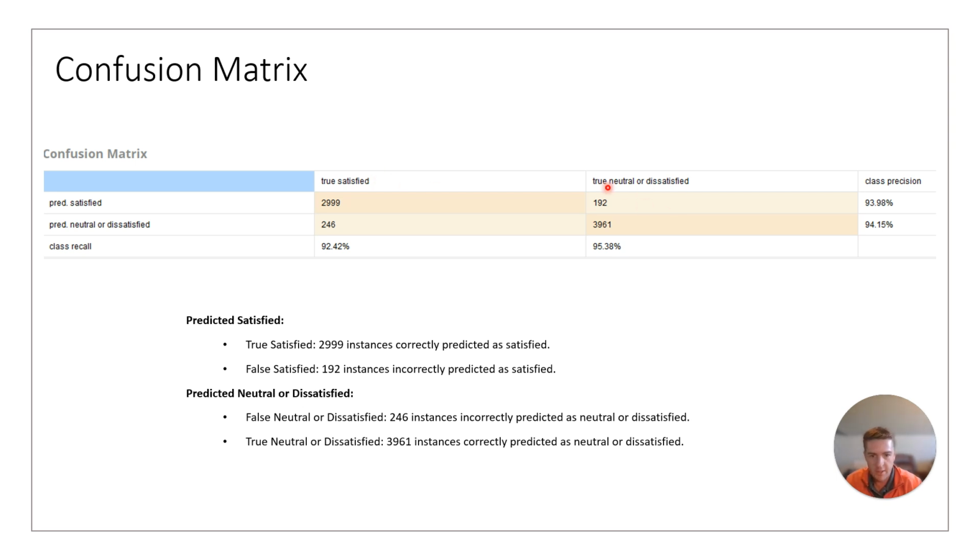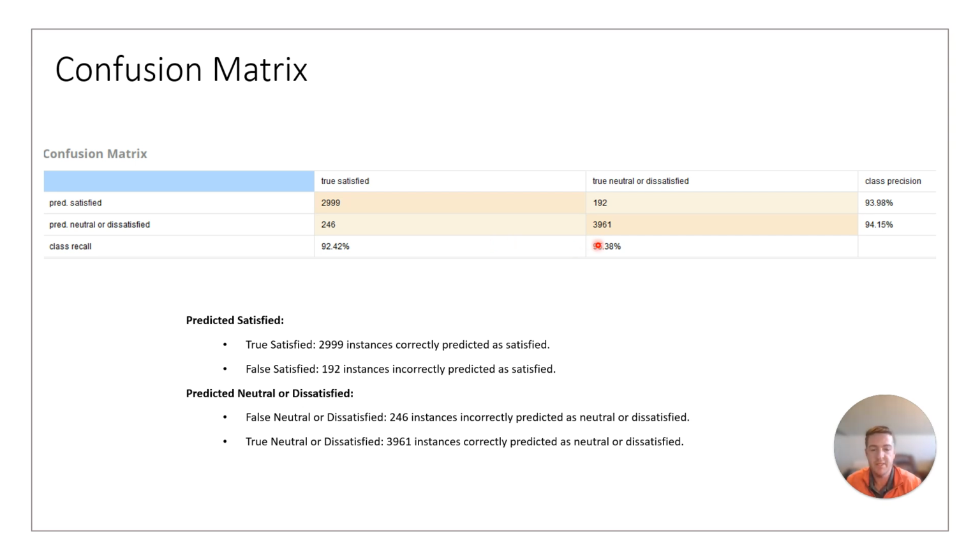False satisfied, there were 192 instances predicted as satisfied when in reality they were actually dissatisfied, which is a 93% precision on predicting satisfied cases. And then predicting neutral or dissatisfied, there were 246 instances, which is highlighted right here, where the model incorrectly predicted as neutral or dissatisfied when the customer actually responded as satisfied.